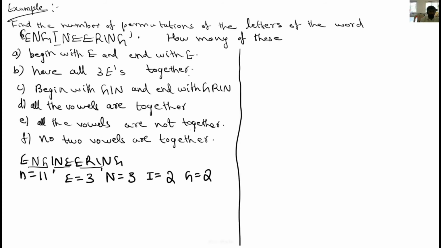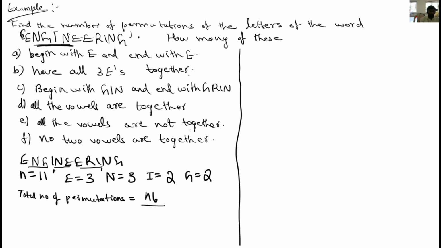Okay, in 11 letters 3 times E, 3 times N, and 2 times G, 2 times I. First question, see, find the total number of permutations of the letters of ENGINEERING. You need to find the permutations of the given word. Total number of permutations is equal to, what's the formula?